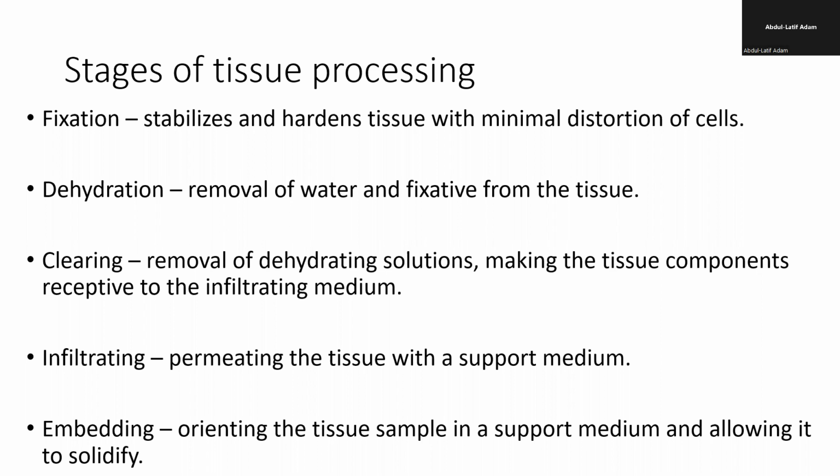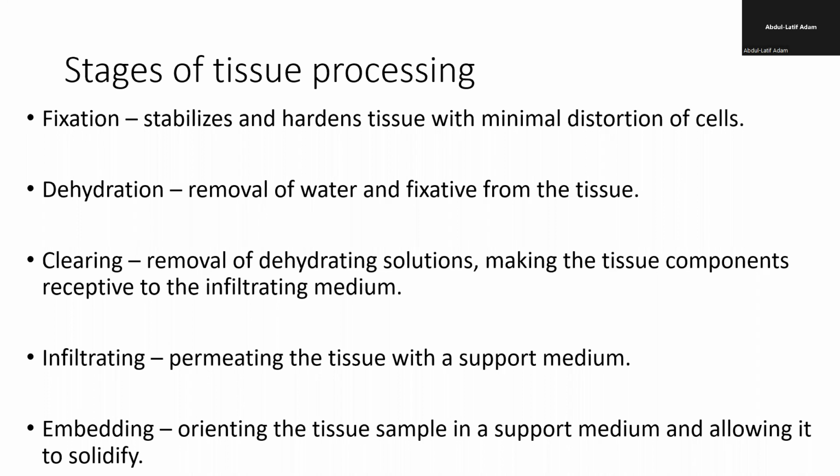Because the medium is not miscible with water, or with the dehydration agent, usually dehydration is done with alcohol. Because the embedding medium is not miscible with alcohol, you need to remove the alcohol. You remove the alcohol with xylene, and that is called clearing.